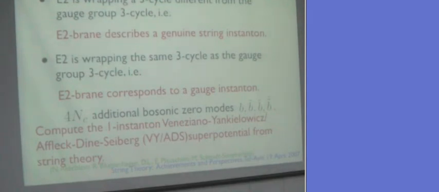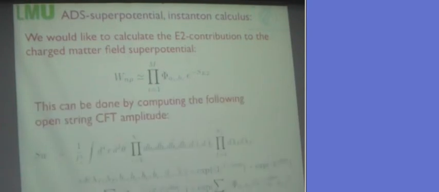So this is one thing we did in Munich. So I just briefly show you the computation. So we want to compute essentially such a contribution to the charged matter field superpotential, where this in general is not really a product but a determinant over fields.